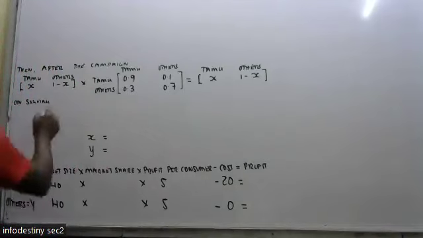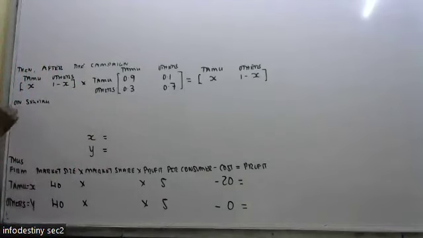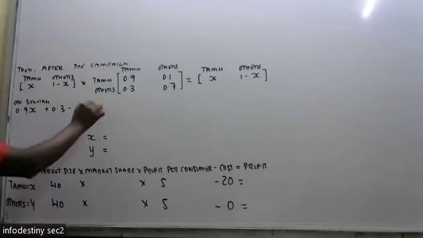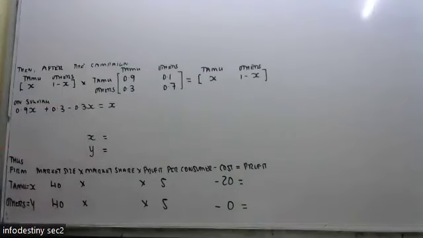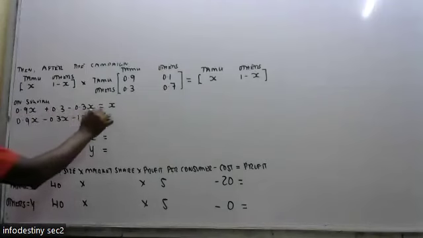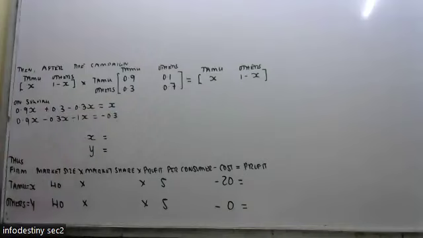Okay, so you multiply here, you get 0.9x plus 0.3 minus 0.3x is equal to x. Then you put like terms together, you get 0.9x minus 0.3x minus 1x is equal to minus 0.3.